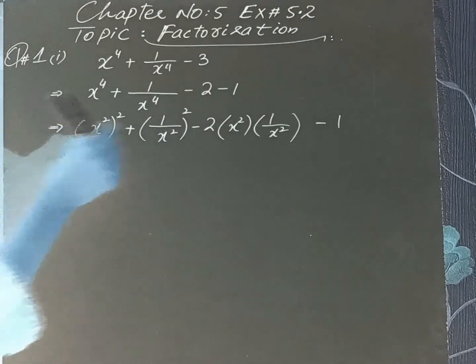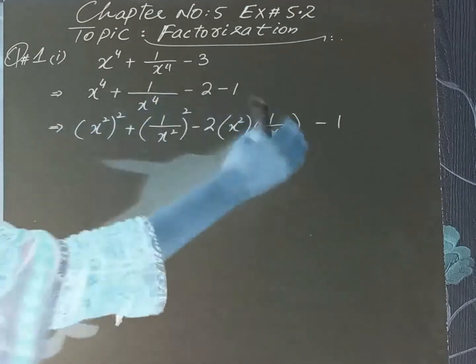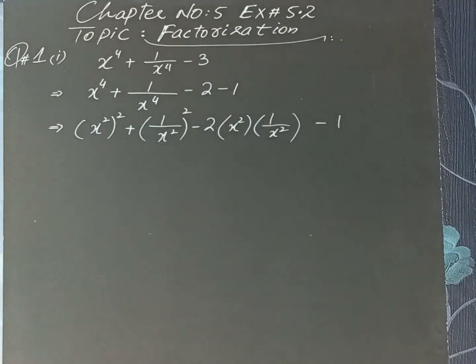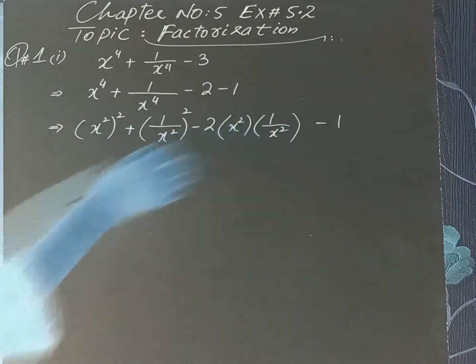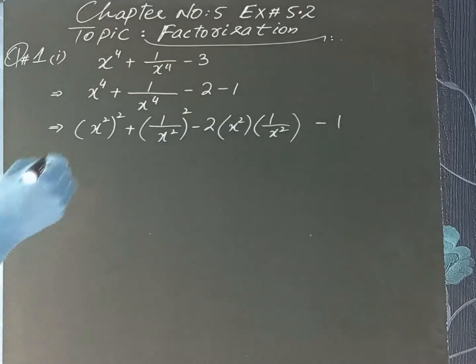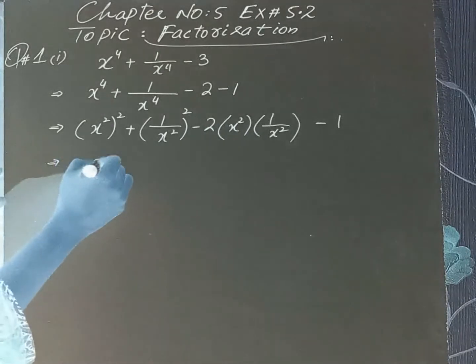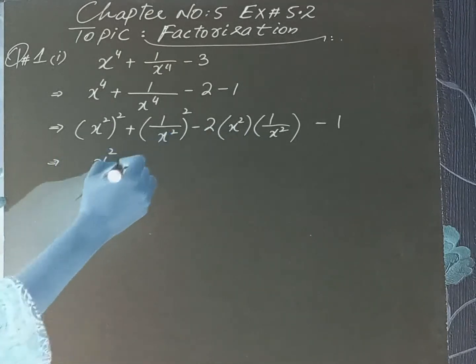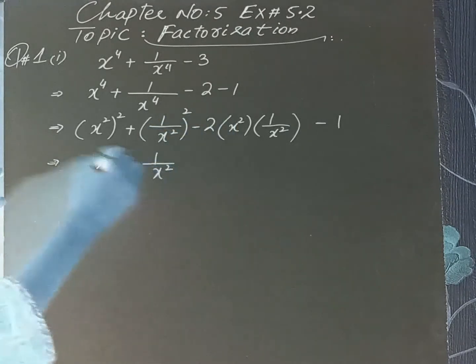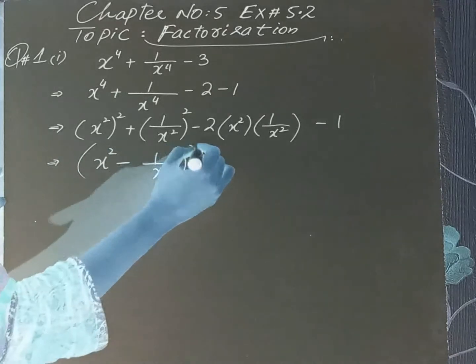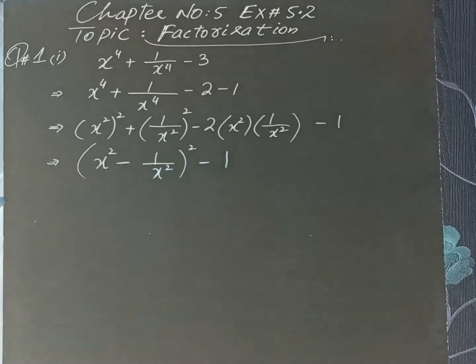This is the formula of a minus b whole square: a square plus b square minus 2ab. So it can be written as a, meaning x square, minus b, meaning 1 over x square, whole square, and minus 1.